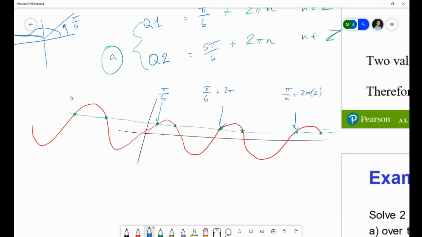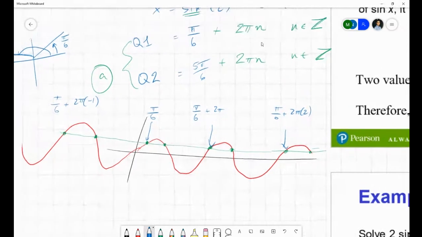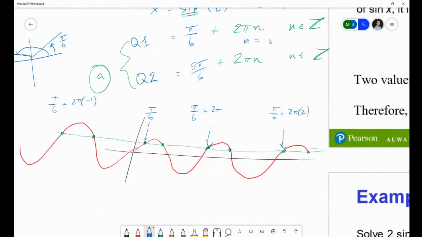If you go backward, this is pi over 6 plus 2 pi times -1, which is pi over 6 minus 2 pi. So the n value here is basically -2, -1, 0, 1, 2, and goes toward positive infinity and negative infinity. So if I write the equation, this will give me all possible solutions.